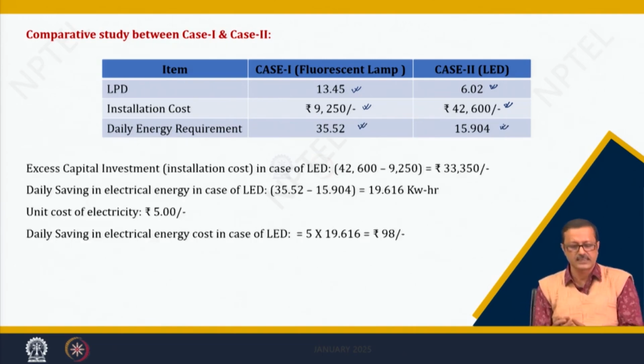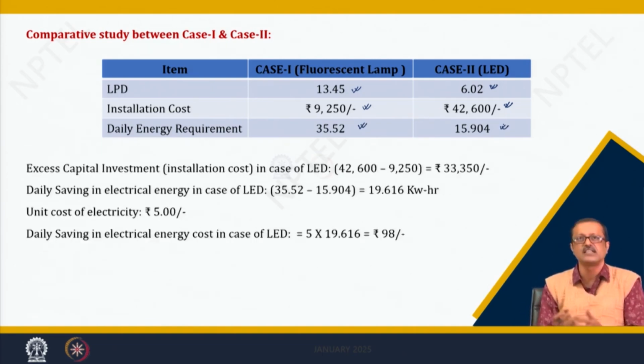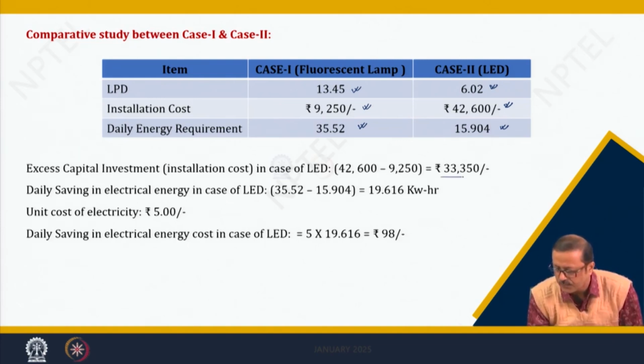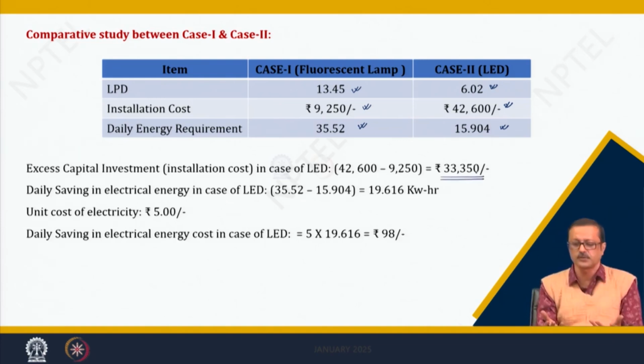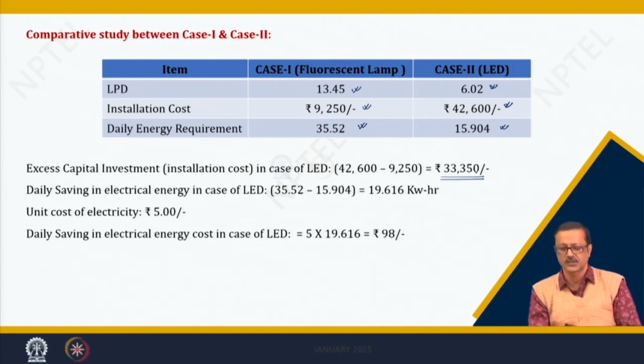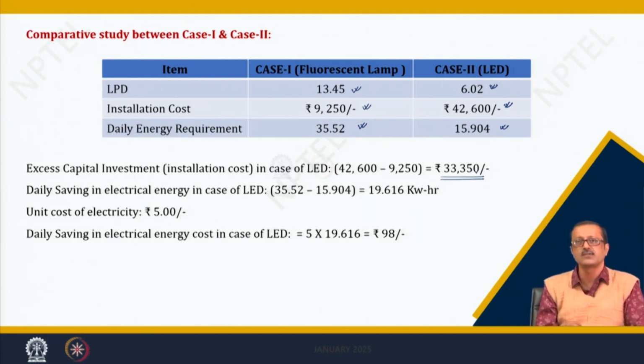Now, we can see the excess capital investment if I want to go for the LED. Anyway I have to pay 9,250 rupees for the fluorescent, but in the case of the LED I have to pay 42,600 rupees. So, I have to pay 33,350 rupees more in the case of the LED.